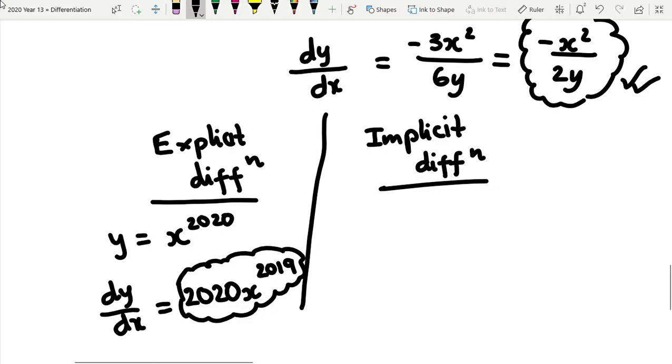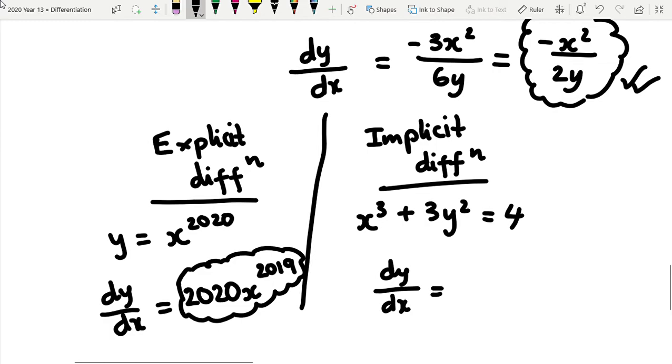But for that example that we've done above, we got x cubed plus 3y squared equals 4. Our dy over dx looks a little bit different, right? Our dy over dx is actually minus x squared over 2y.